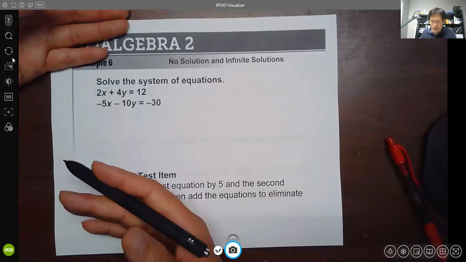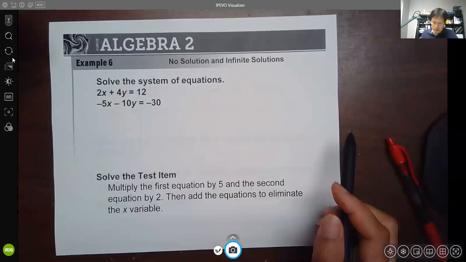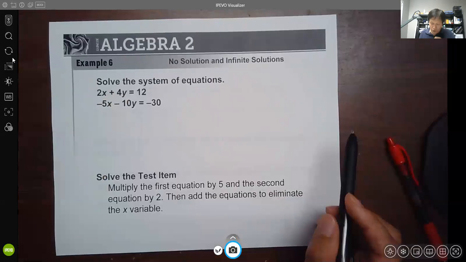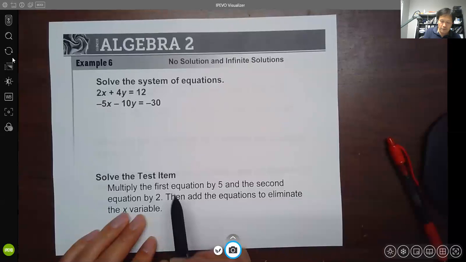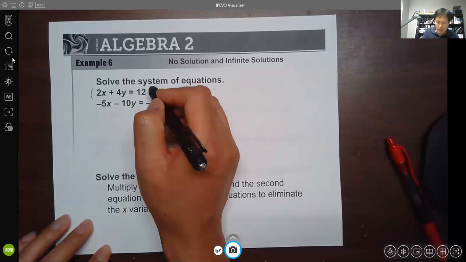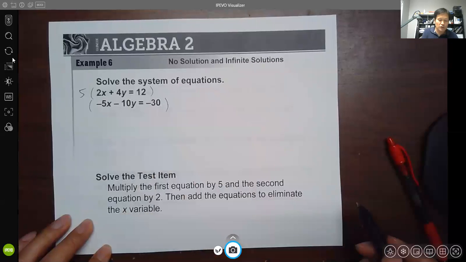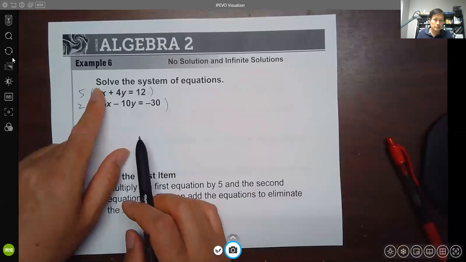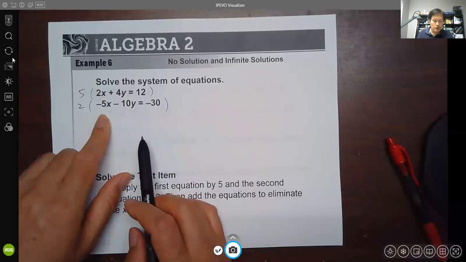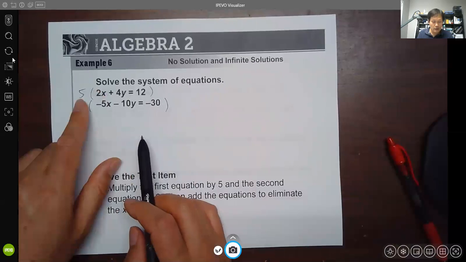But if you look at it, what they did is they multiplied the first by 5 and the second by 2. So they are trying to eliminate x. So 5 times 2 makes 10. 2 times minus 5 makes minus 10.